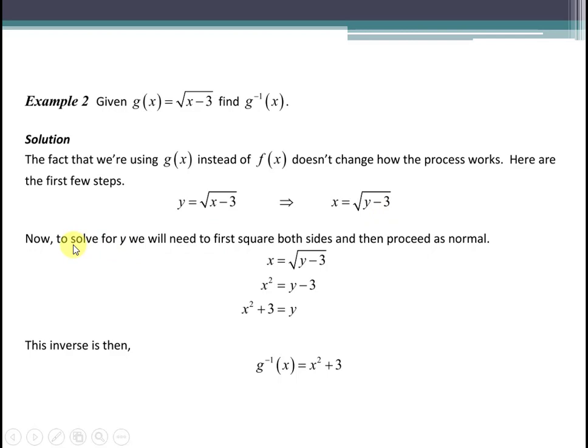Now, to solve for y, we will need to first square both sides and then proceed as normal. When we square both sides of our equality, we have x squared plus 3 is equal to y. This inverse is then g minus 1 of x is equal to x squared plus 3. This is the inverse function of our function, square root of x minus 3.